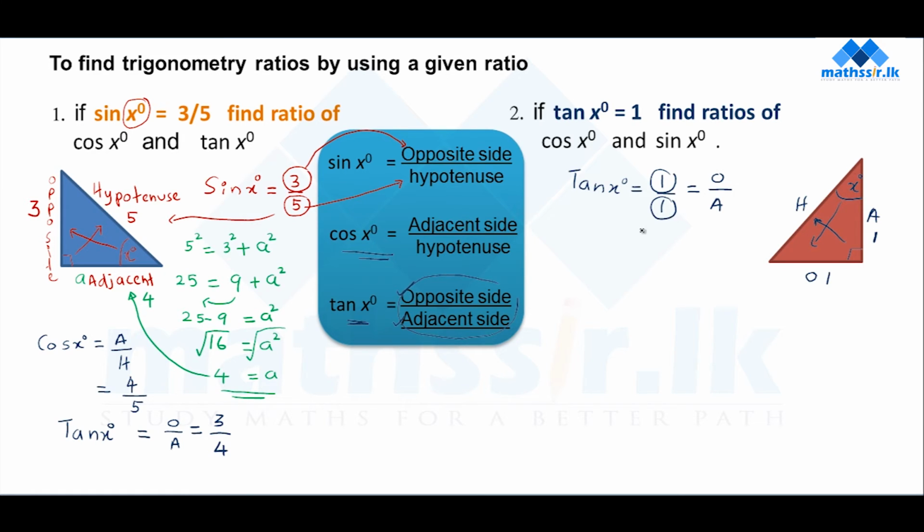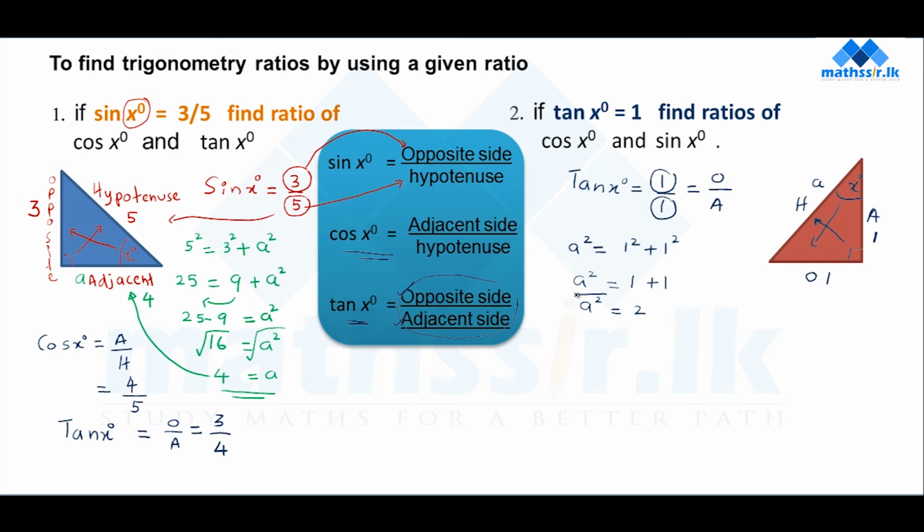Now, similar to the previous example, we should find the length of the hypotenuse. I take the length as a. Using the Pythagoras theorem, a squared equals 1 squared plus 1 squared. A squared equals 2.